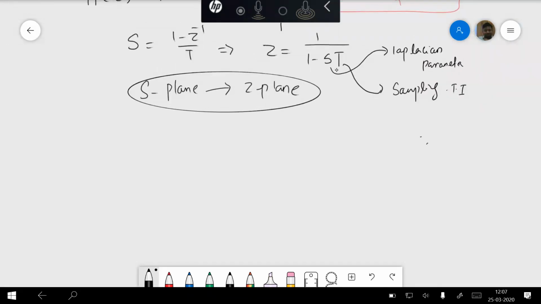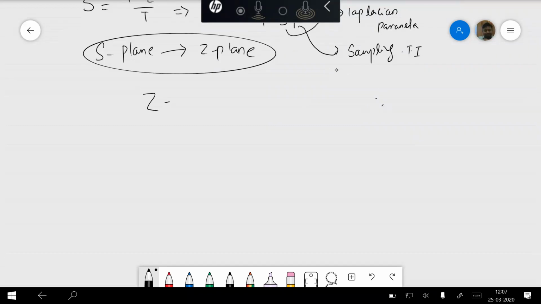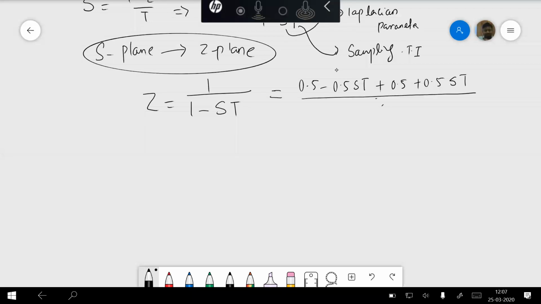I am taking the example of this particular Z equation, where I have established a relation between Z and S: Z equals 1 divided by 1 minus ST. For the sake of mathematical advantage, I am breaking my numerator like this: 0.5 minus 0.5 sT plus 0.5 plus 0.5 sT. So basically I just split 1 into some form of s and t, and I will divide by 1 minus sT.